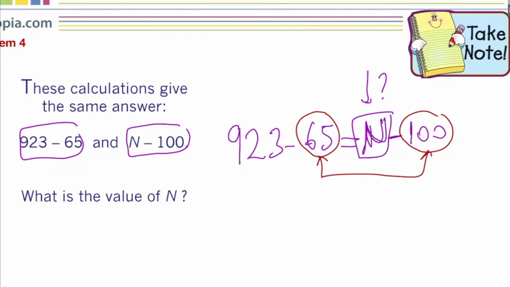So you put 35 to this one. Then what's the value of n? Think about the value of n. So then the difference between 923 and n, what do you think?